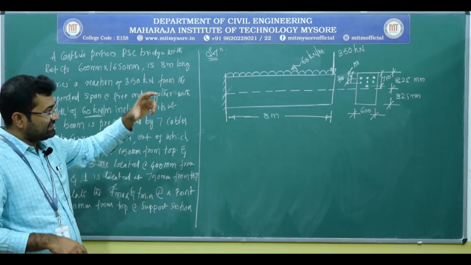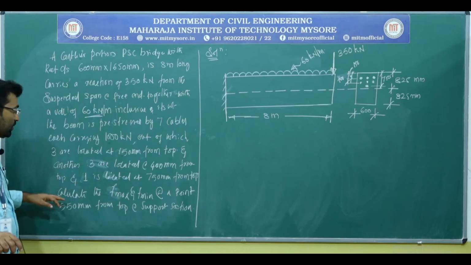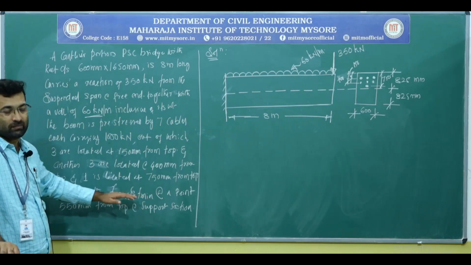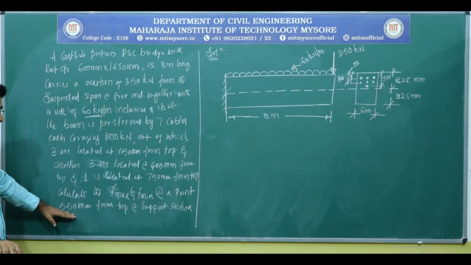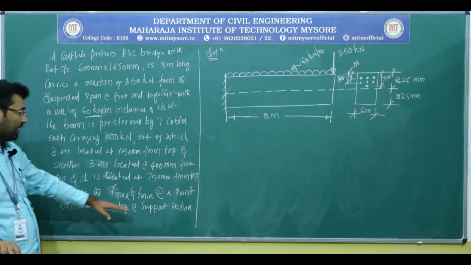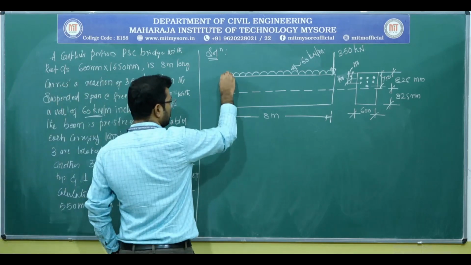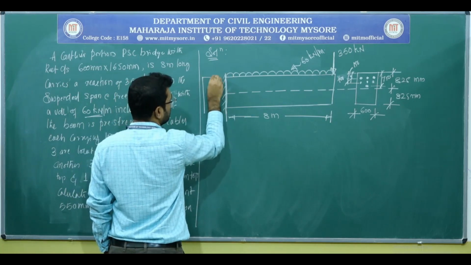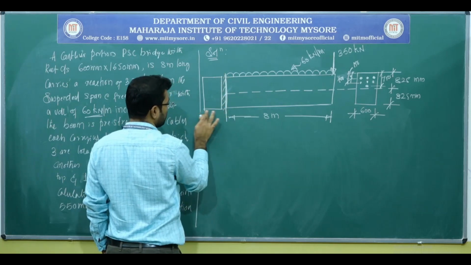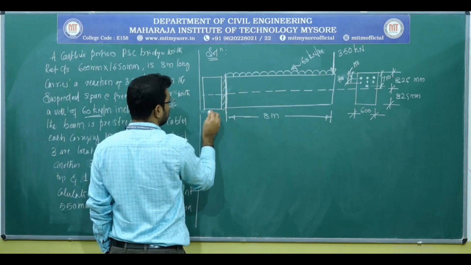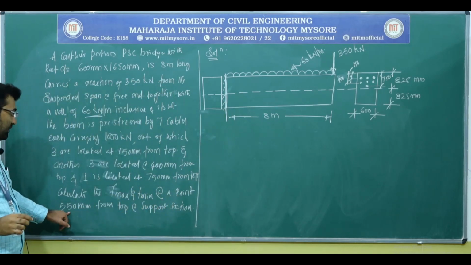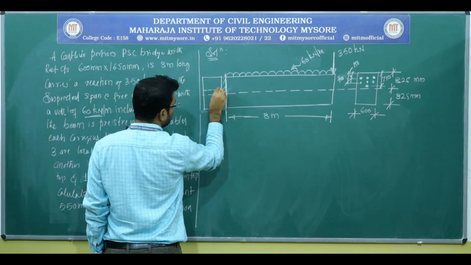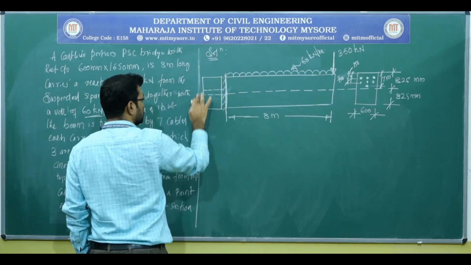Okay, now because of this condition, what we have to do is calculate the principal stresses, F minimum and F maximum, at the support section. Means somewhere here at the support section we need to calculate F minimum and F maximum at a distance of 550 millimeter from the top.